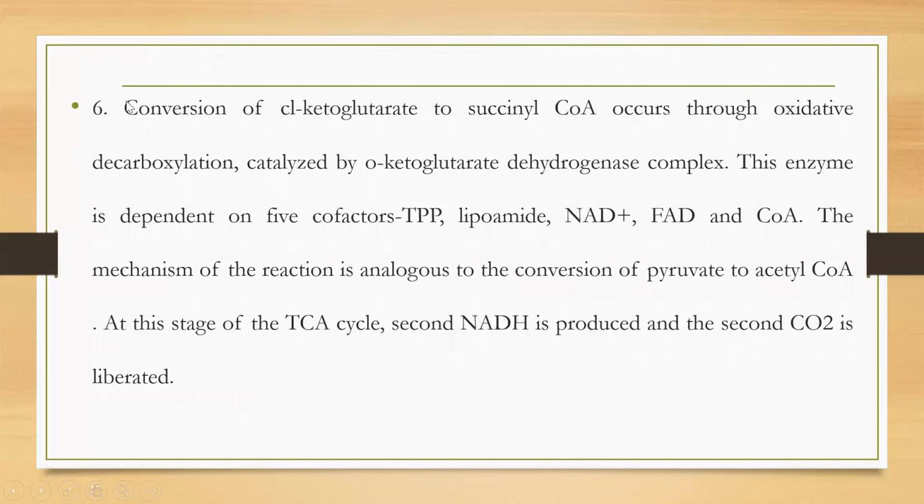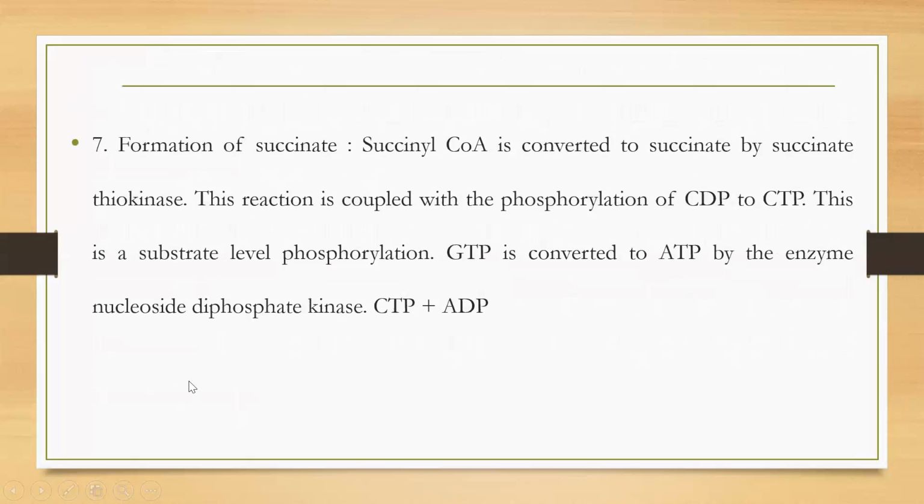At the sixth step, alpha-ketoglutarate is converted to succinyl coenzyme A, and at this step the second NADH is produced and the second CO2 is liberated. Then in the seventh step, succinate is formed, and at this step the GTP molecule is produced.